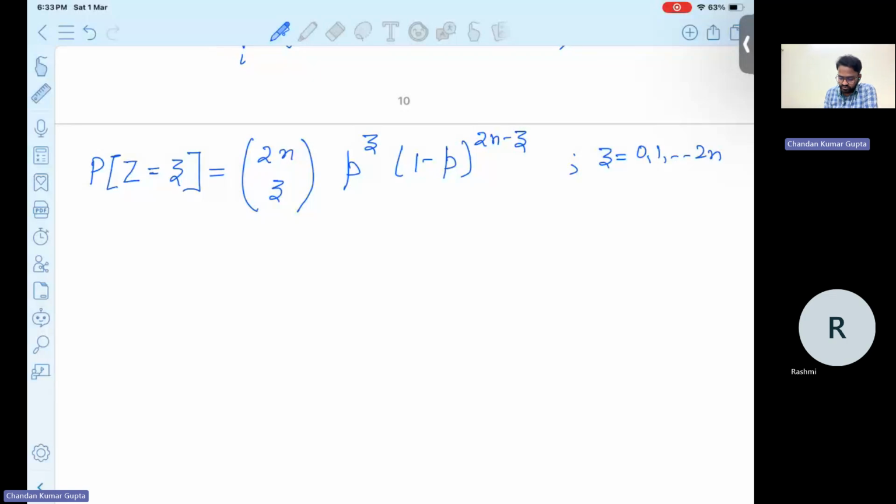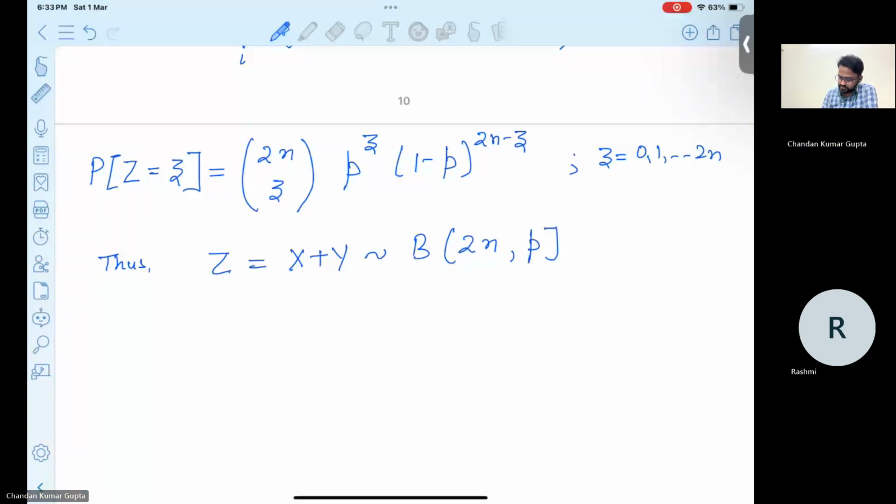So we can conclude that Z, which is X plus Y, is following a binomial distribution with n equal to 2n. Here the n parameter is replaced by 2n and the p parameter is common.